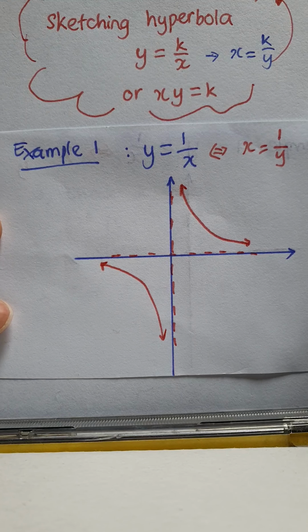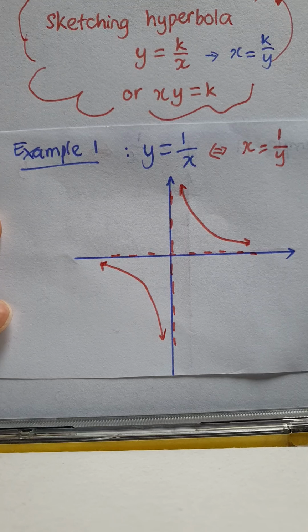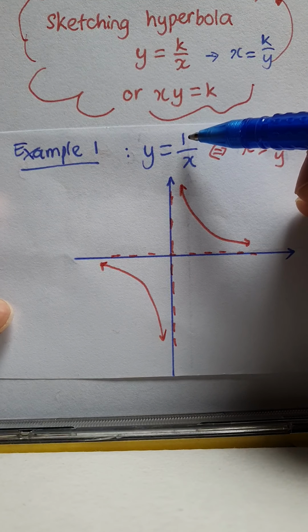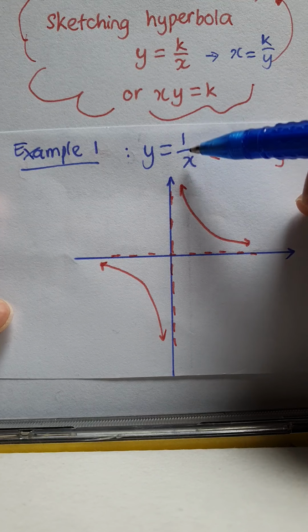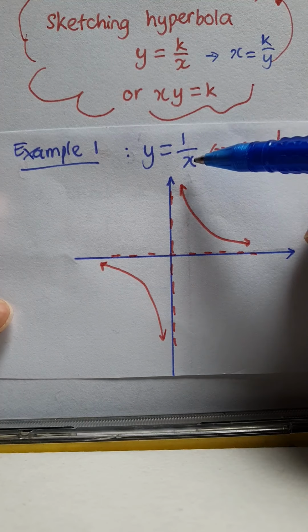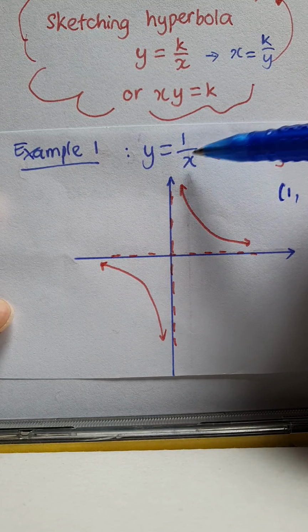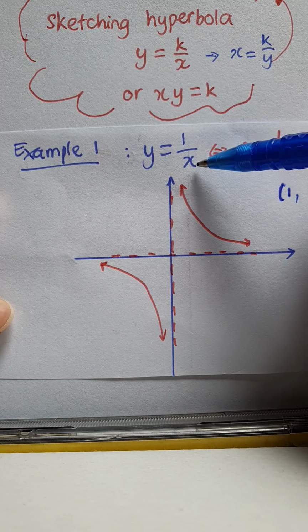The 3rd point that we have to do is to clearly label the coordinates, and it's easy to find by looking at the constant k. In this case it's 1. So why is it special? Because if x is 1, then to work out the y coordinate, you just substitute x equals 1 in here.